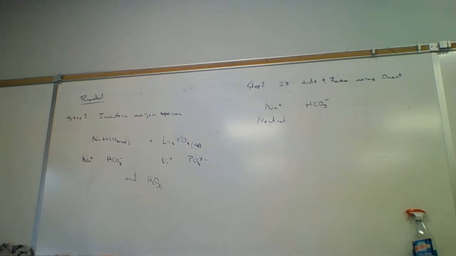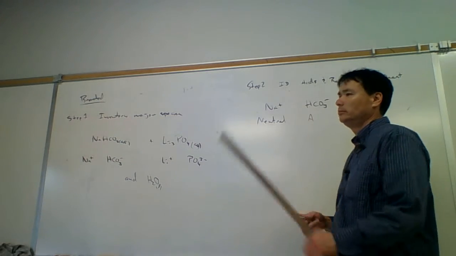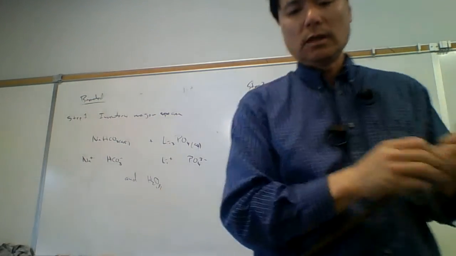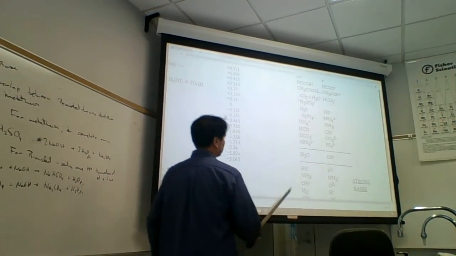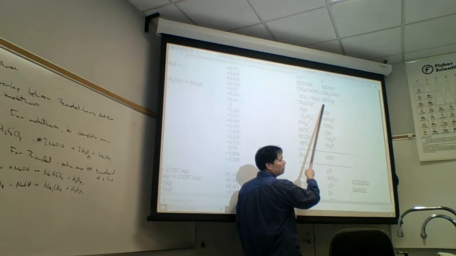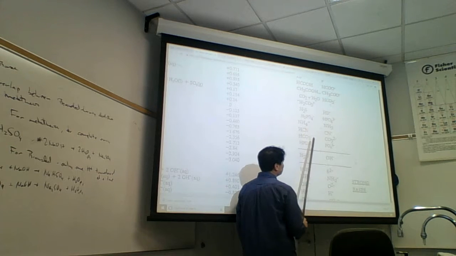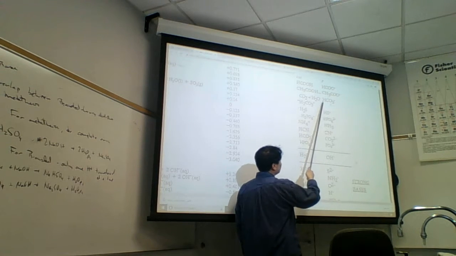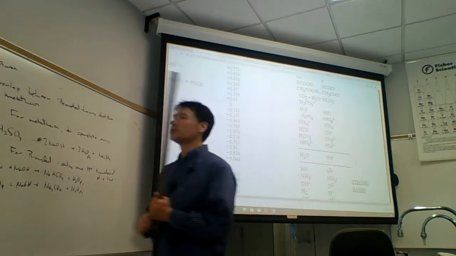That's acid. But bicarbonate is tricky too because bicarbonate occurs here on the left side. It also occurs here on the right side. The right side is base. And so something that can act either as an acid or a base is called amphoteric. And so bicarbonate's amphoteric.